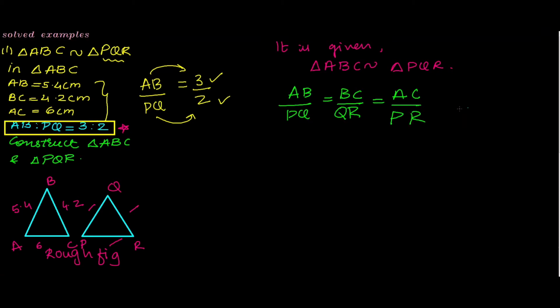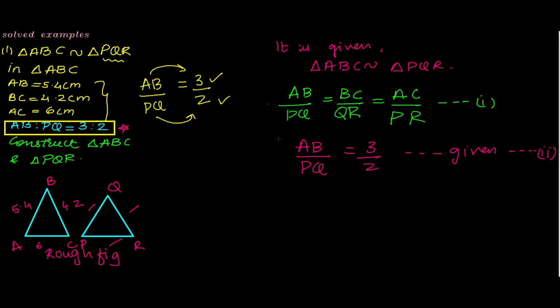Let us give this as statement number 1. Now we know that AB upon PQ is equal to 3 upon 2. This is given, and let us call this statement number 2.